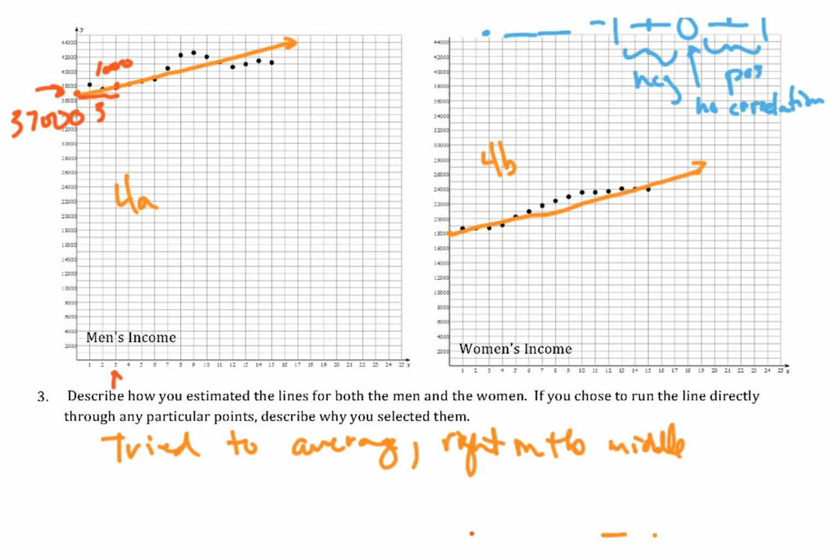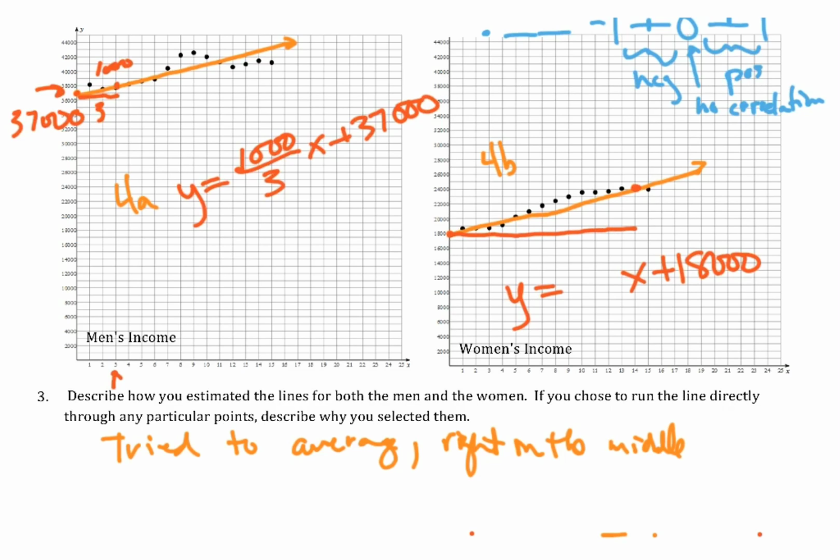So it would be y equals 1,000 over 3 x plus 37,000. I'm not going to worry about reducing that. For the women's, we started at 18,000, so we have y equals something x. Again, it looks like I hit that point right there pretty well.